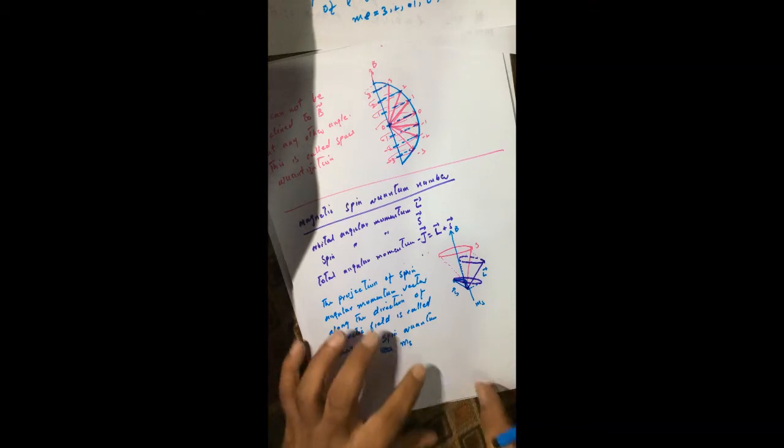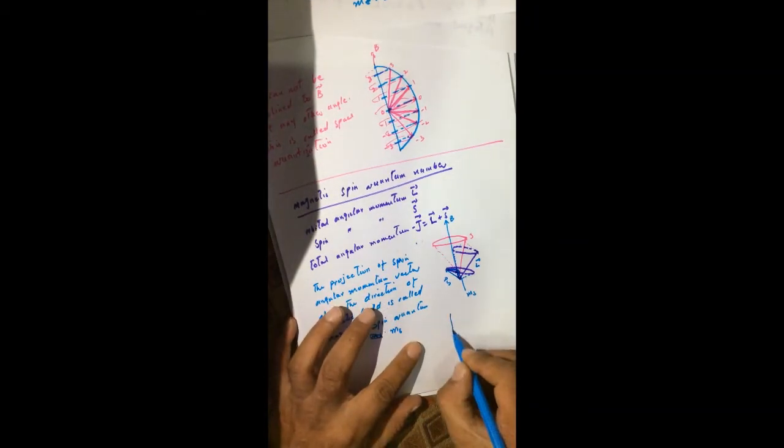Now the spin angular momentum can have only two possible values, either spin up or spin down. It has two values, 1 over 2 or minus 1 over 2. So we can say that the spin angular momentum can assume only two possible positions. If this is the external magnetic field B, then the spin is either up in the direction of the magnetic field or it is down in the opposite direction of the magnetic field.